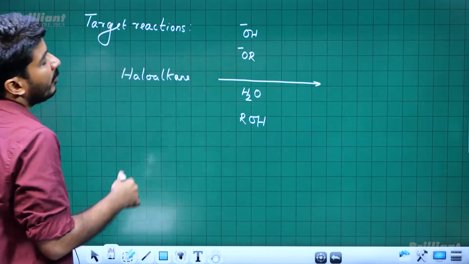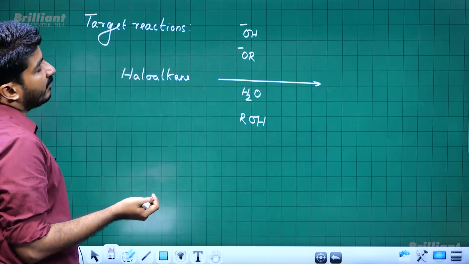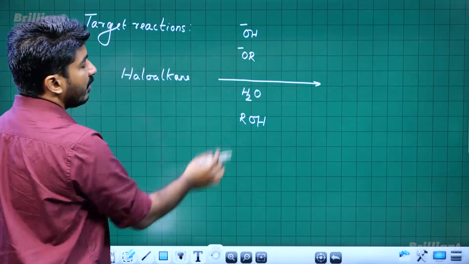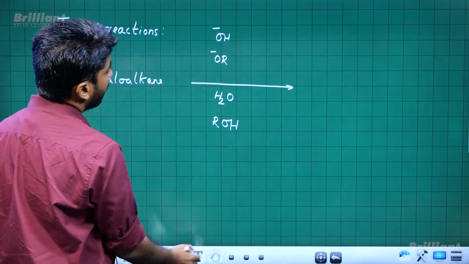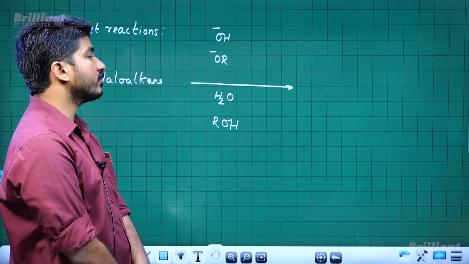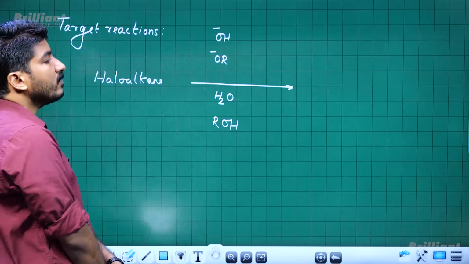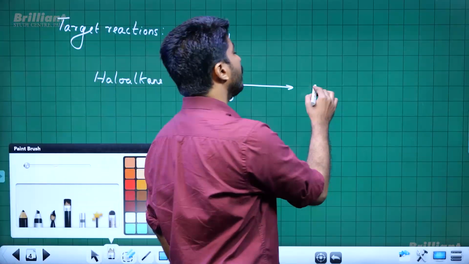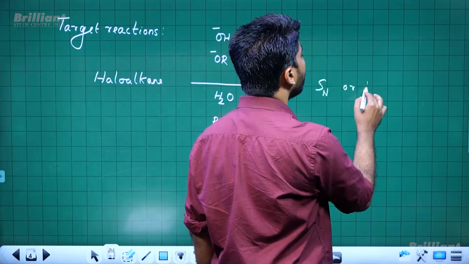These are the commonly observed nucleophiles or bases, and in their cases there is a lot of confusion generally happening in this topic. So, if a haloalkane is treated with hydroxide, alkoxide, or H2O directly or alcohol directly, what is going to happen? Is it going to give us nucleophilic substitution or elimination?